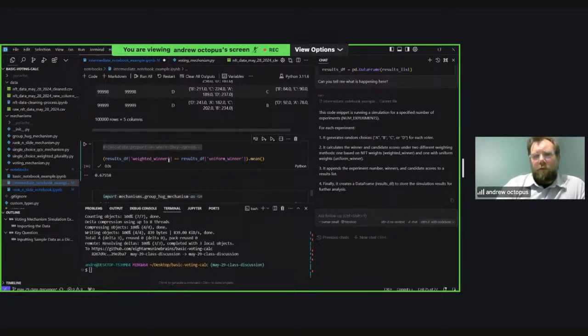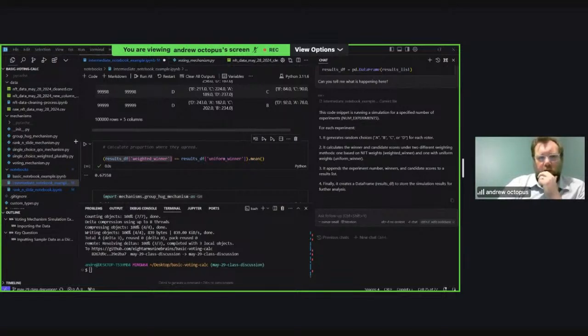What I'm doing here is I'm pulling the column weighted winner from this.